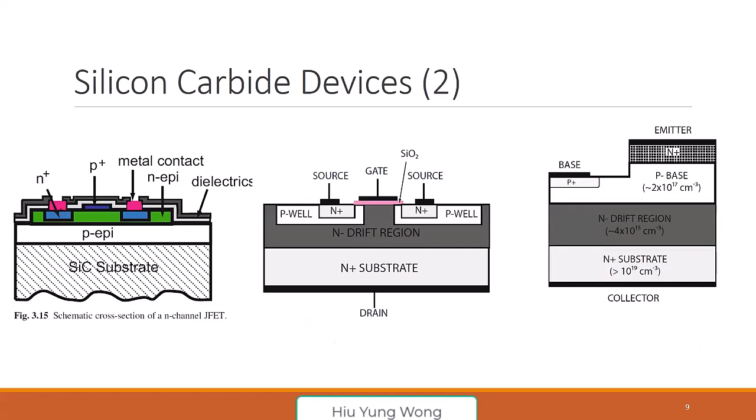Usually we know source, gate, drain, right? That's what we learned in logic. This is also source, gate, drain, but now my source is N plus. In our transistor, what will be the doping of the substrate or body, N or P?